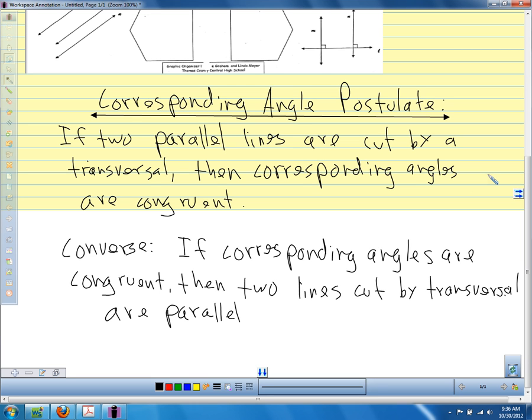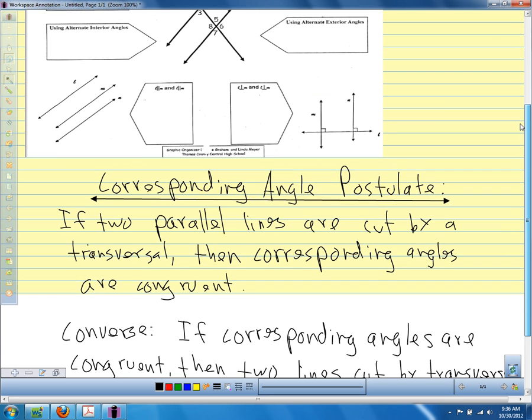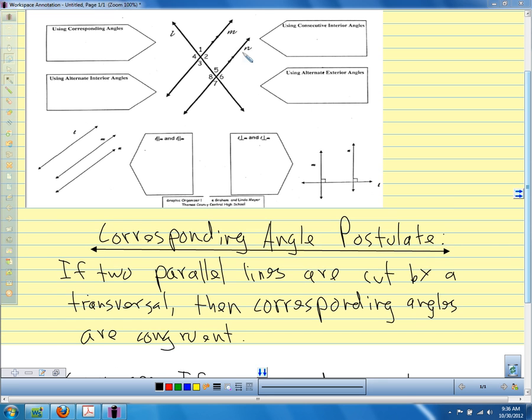So that lets us fill in our box on the upper left-hand side. It says using corresponding angles. If we don't know that line M and line N are parallel, we want to know how we can prove that they are.